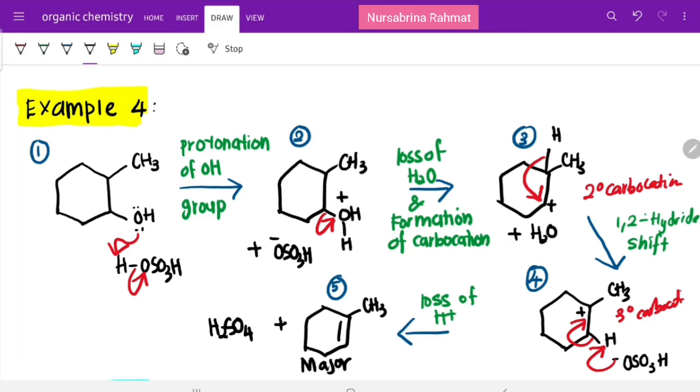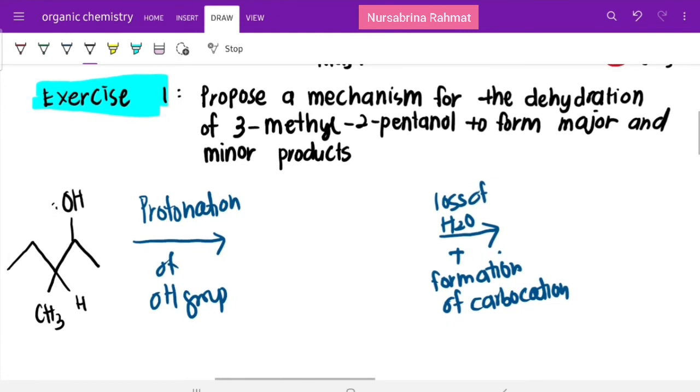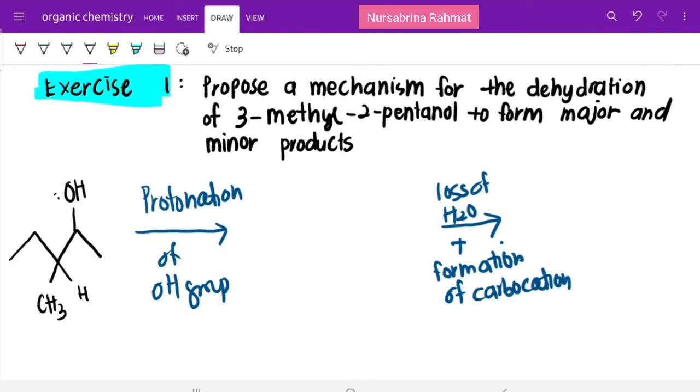Okay, so let's check your understanding by doing exercise 1. You need to propose a mechanism for the dehydration of 3-methyl-2-pentanol to form major and minor products. This is the skeletal structure of your 3-methyl-2-pentanol. It starts with 2 basic steps, which is protonation of the OH group by using your sulfuric acid.